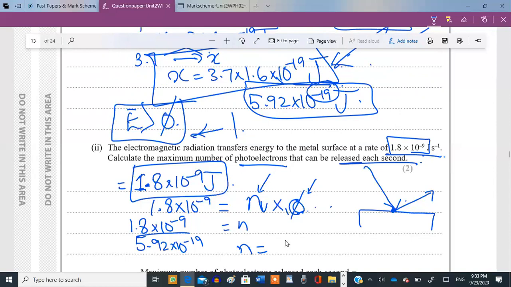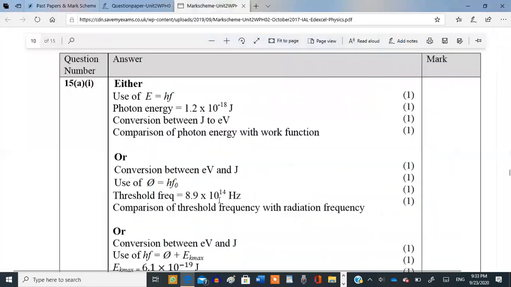Is that minus 9 or minus 19? We'll go with minus 9. In the denominator it is 19, the numerator is minus 9. To the power of 9. What's the answer? 3 into 10 to the power of 9. Okay, this is the maximum number of electrons that can be emitted.